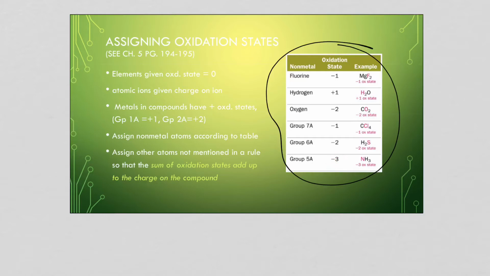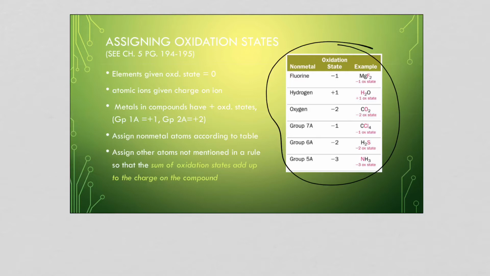So for example, if you had both nitrogen and oxygen in a compound, oxygen is preferentially going to get the negative oxidation state, and the nitrogen will have to take on whatever oxidation state fits. Now, how do we know what oxidation state fits?